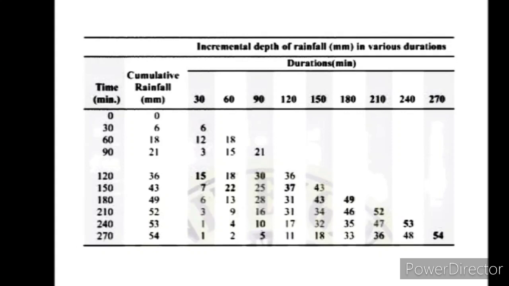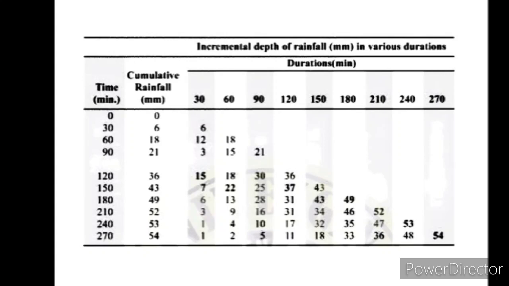So we have here the first column, time in minutes, the second column, cumulative rainfall in mm, then the third column, 30 minutes, the fourth column, 60 minutes, and so on and so forth. So at 0 minutes, cumulative rainfall is 0 mm.